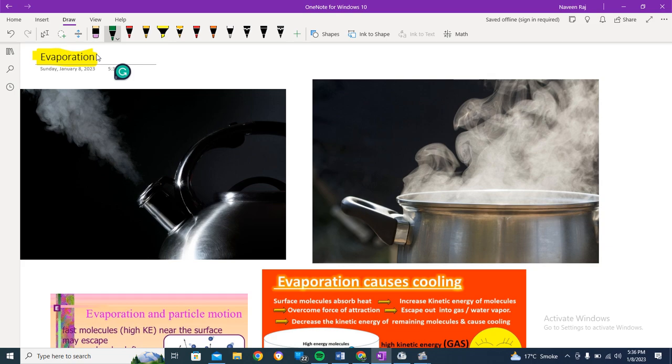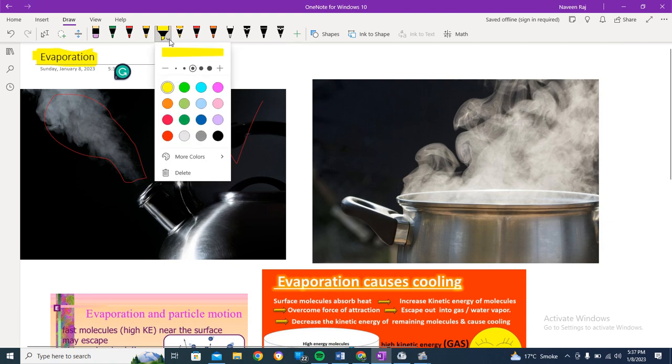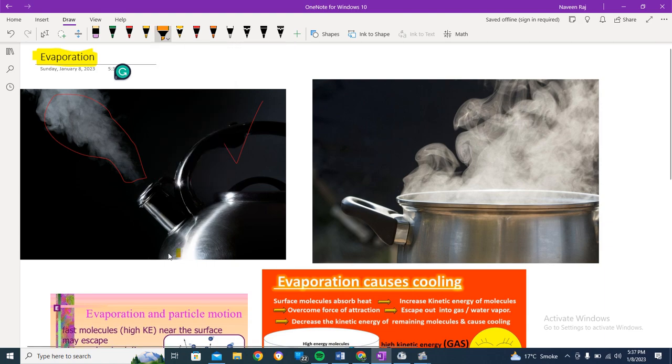For example, condensation. The same way we have evaporation, and you can see that there are beautiful diagrams over here. One is showing the tea kettle, and you may see that there is smoke going up into the sky from this kettle. There would be tea inside it, right?